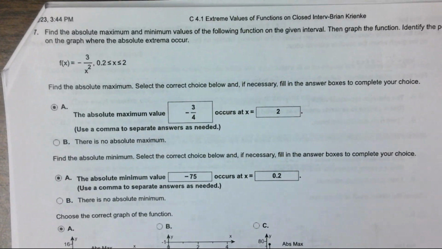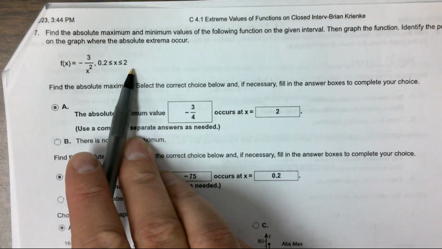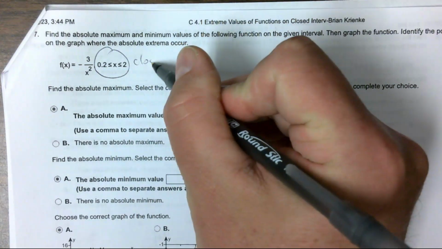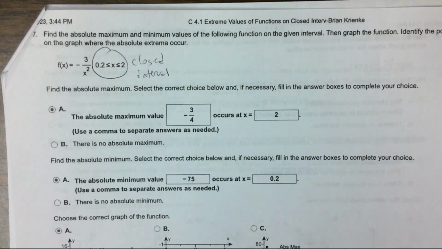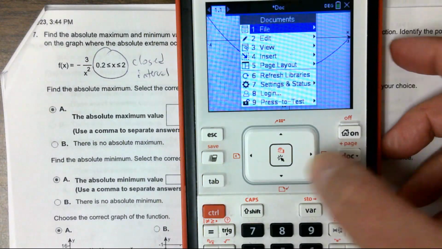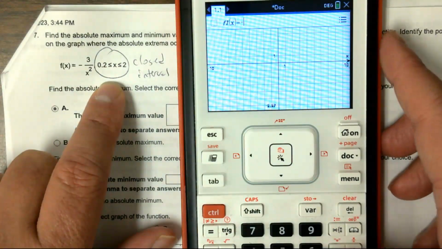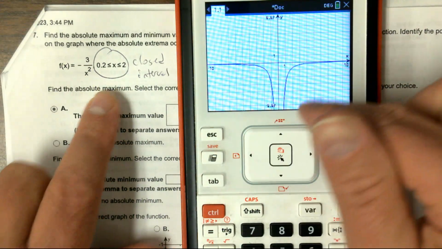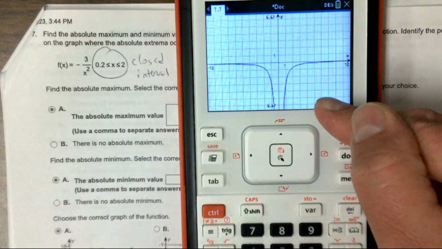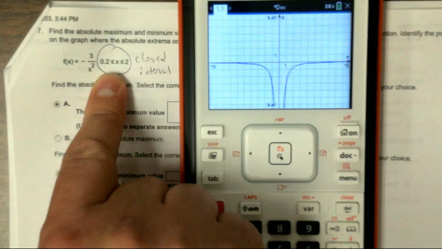Now this time we're going from 0.2 to 2. So first let's put the graph in. This is going to be a closed interval. So in general, it's going to look like that. But we want from around 0 to 2.